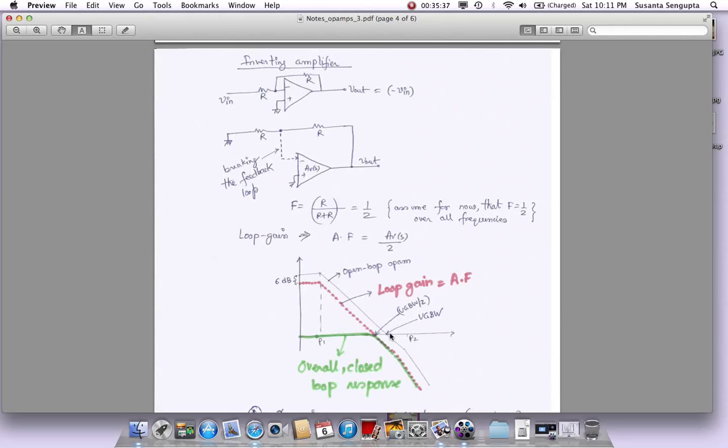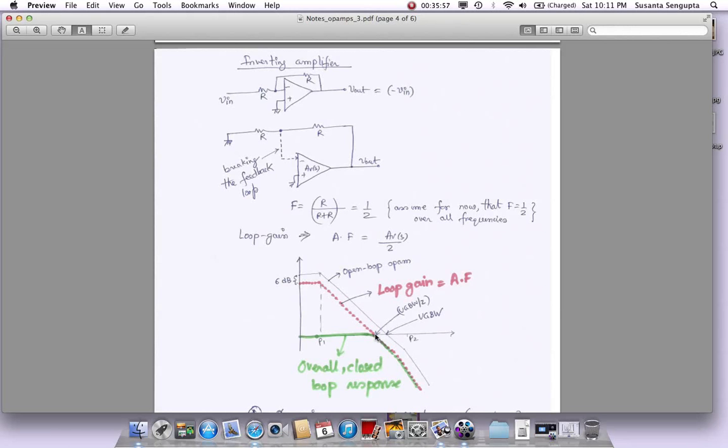So if you had an op-amp with a unity gain bandwidth of 100 megahertz, because of putting it in this configuration, because the feedback factor has become half, the unity gain bandwidth of this whole closed loop system has actually become half. So if it was 100 megahertz, it's become 50 megahertz.